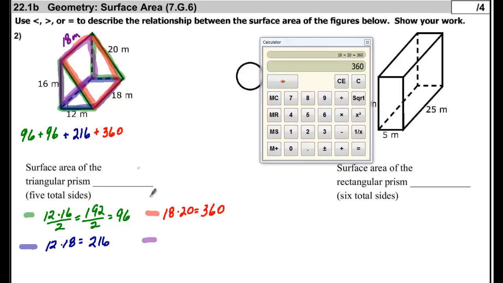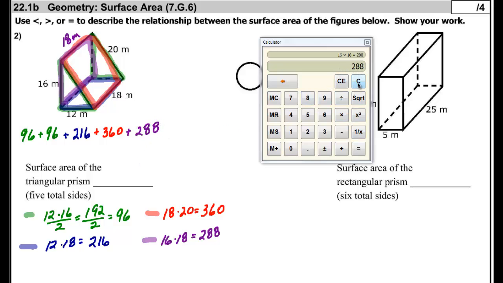So it will be 16 by 18. So 16 times 18 is 288. So we're going to add in the 288. So let's add them all together.